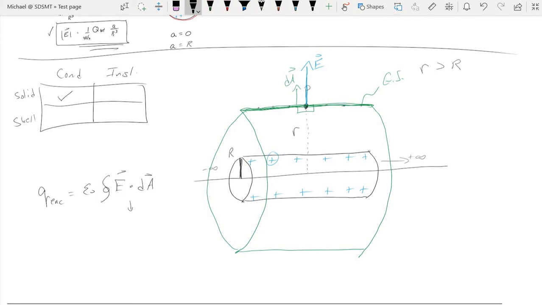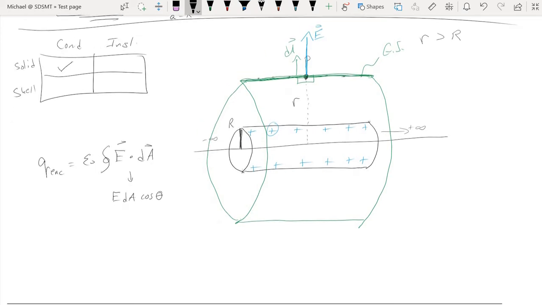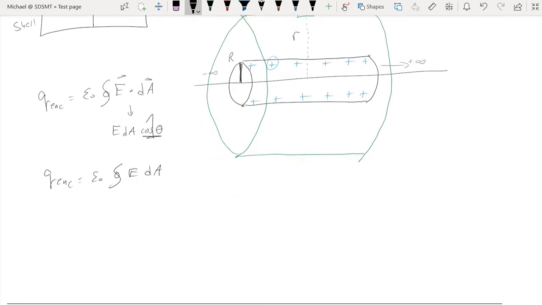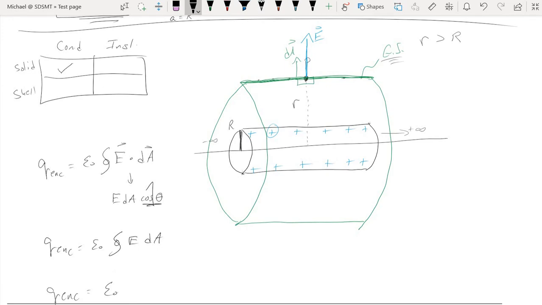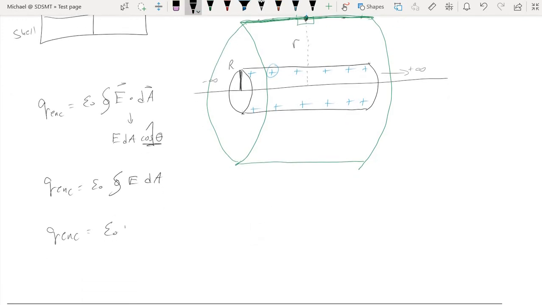So our dot product, which is hiding a cosine theta between those vectors, is 0, cosine of 0 becomes a 1. We now have charge enclosed equals epsilon naught E dA. We're expecting the electric field to be uniform at all points along the surface of our Gaussian surface cylinder, I should say. So E can come outside of the integral, and then we're just left with taking the integral.